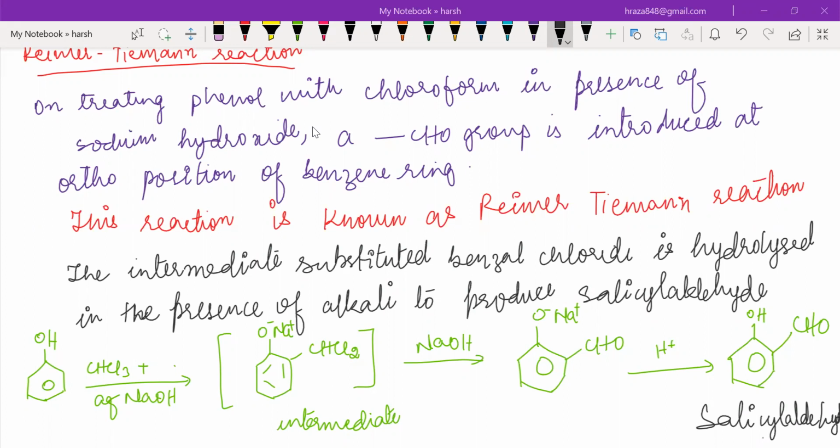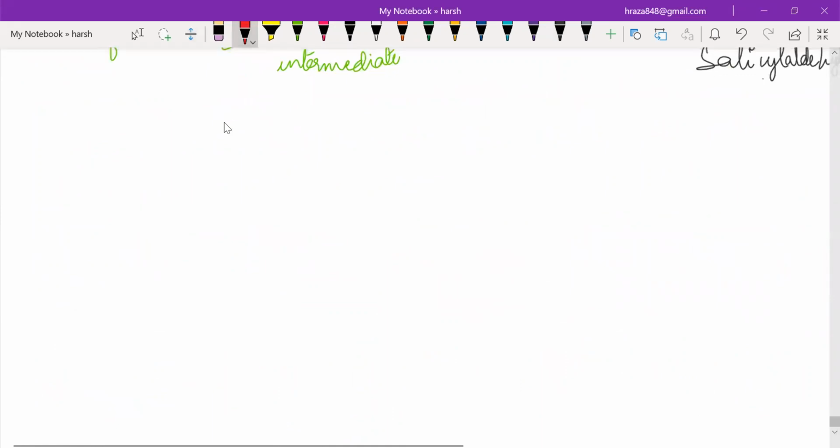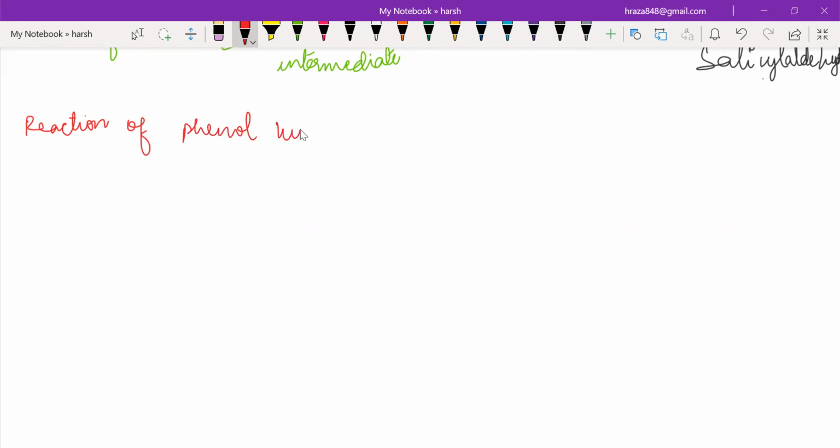So, do you have any doubt in this reaction? Now see, the next reaction is the reaction of phenol with zinc dust. This reaction is very easy and very important.